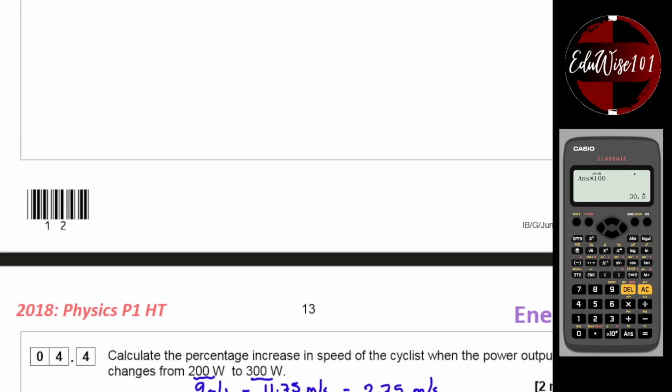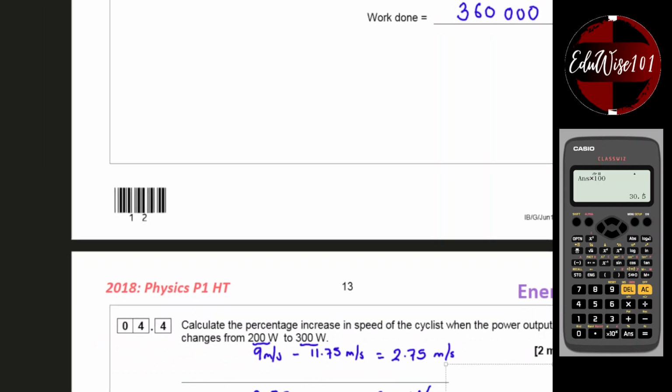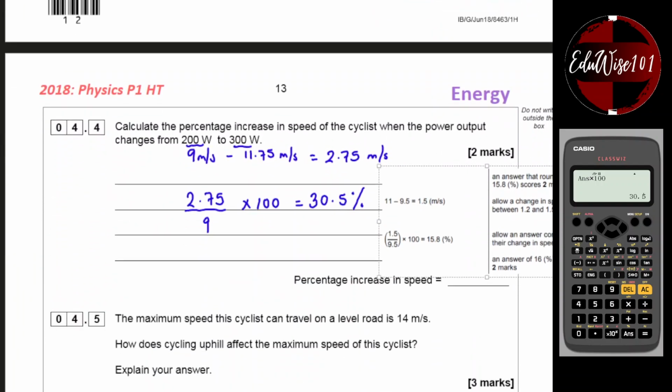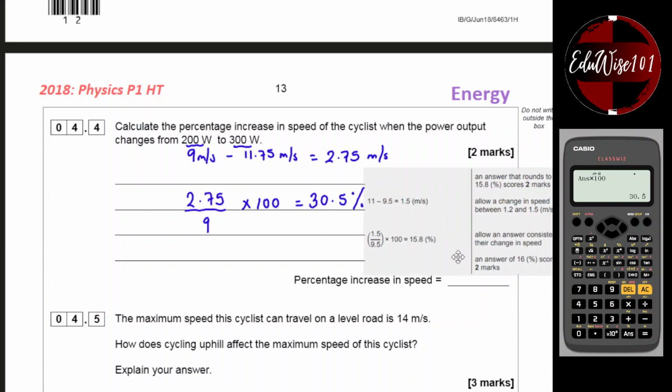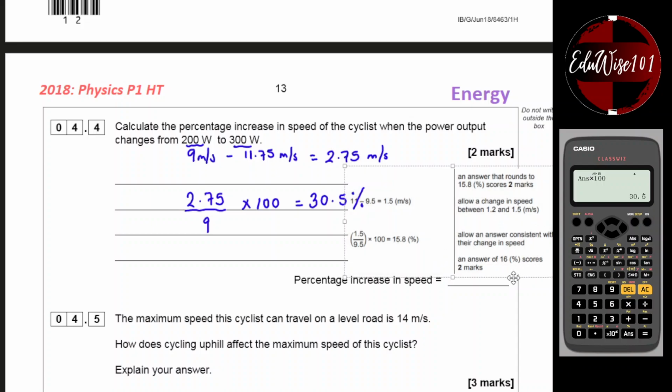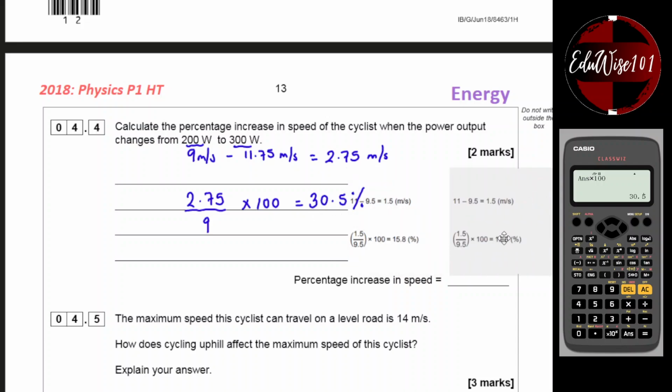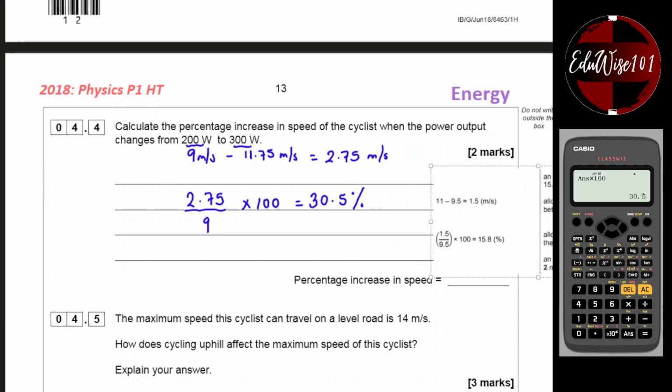The range that they have given is up to about 16%. Ours is about 30%. The calculation is actually the same. They've taken 11 minus 9.5, whereas ours is definitely above 11.